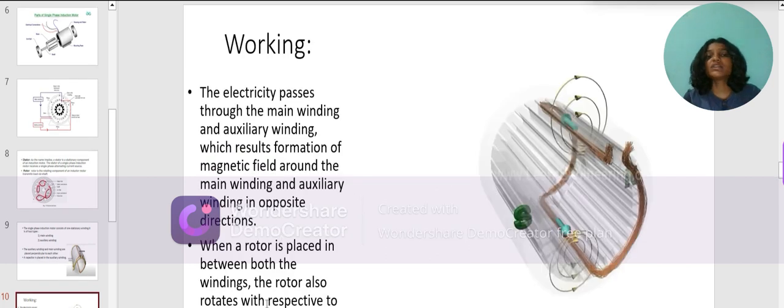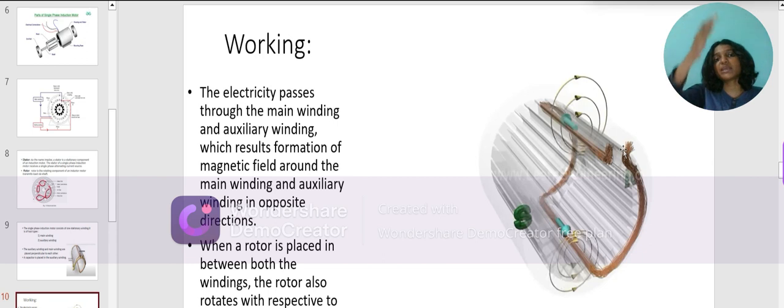So we will learn about the working of the single phase induction motor. If you look at this picture, this is the main winding. When the electricity is passed to the main winding and also the auxiliary winding, it results in the formation of magnetic field. The magnetic fields of the main winding and auxiliary winding are in opposite directions.